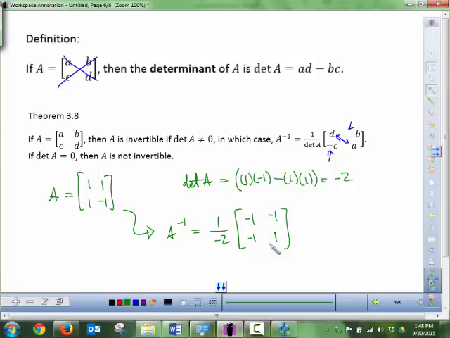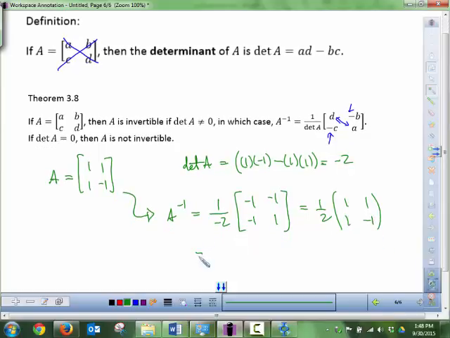To make this look like Wolfram Alpha's answer, I'll take this negative and distribute it through, and I get 1/2, 1, 1, negative 1. And that's what Wolfram Alpha got. Or we could just multiply everything out: positive 1/2, 1/2, 1/2, negative 1/2. So that's my inverse.